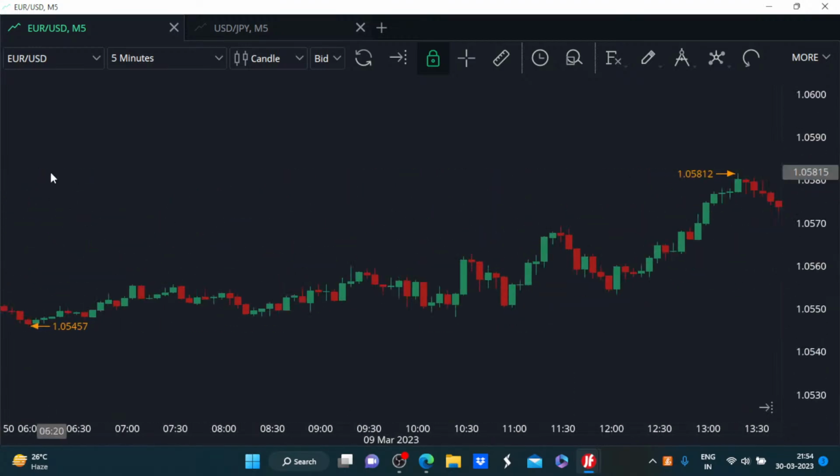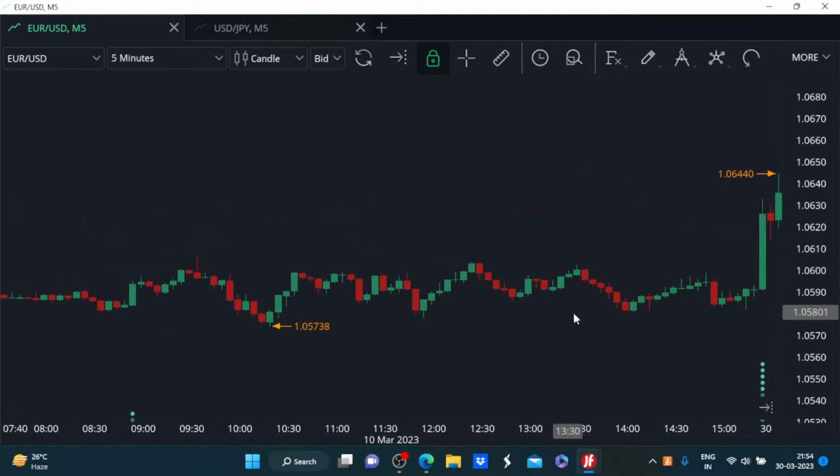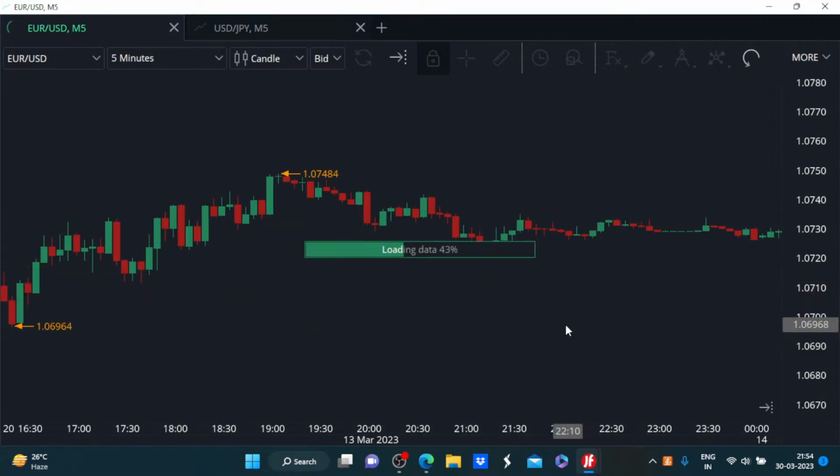So this instance would have given you a profitable trade if you had enough of a buffer in place above the highest point of the head and shoulder pattern.